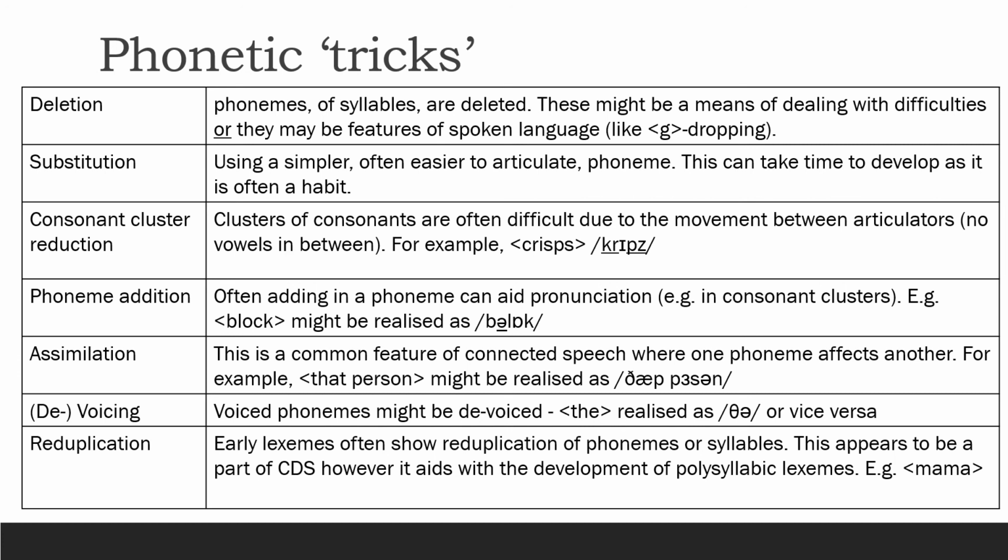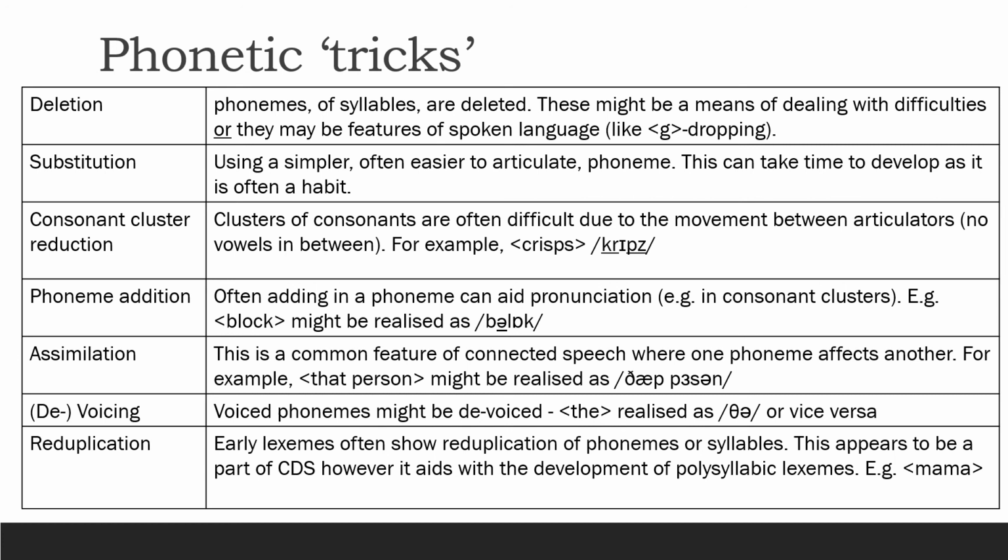So the alveolar plosive at the end of that has been assimilated to the p, the bilabial plosive that's coming in person. That person instead of that person. That's very common even in adults, but it's certainly something to look out for.